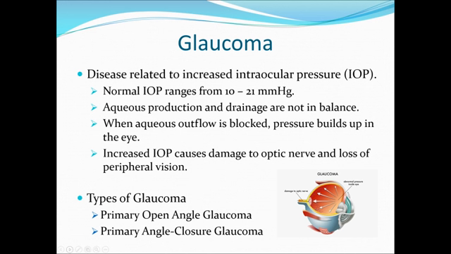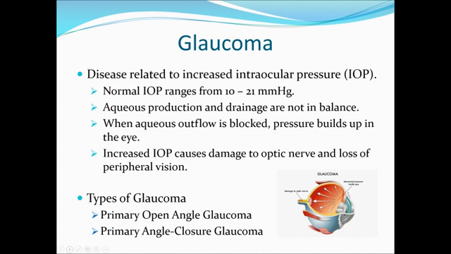It happens very slowly over time, and because it happens so slowly, the patient adapts to it. They don't even necessarily realize it is happening, which is why unless they're going for periodic vision exams and unless they're getting their pressure tested, they may not even know that they have glaucoma.